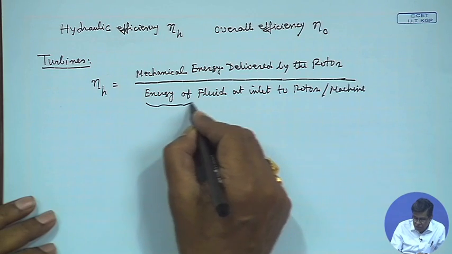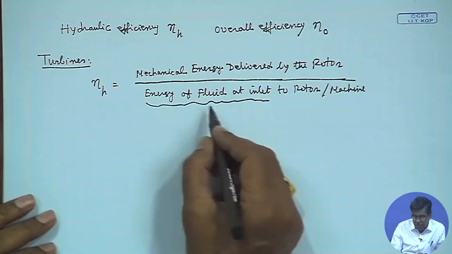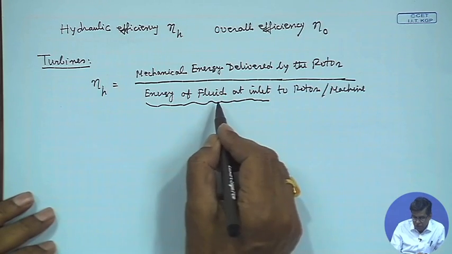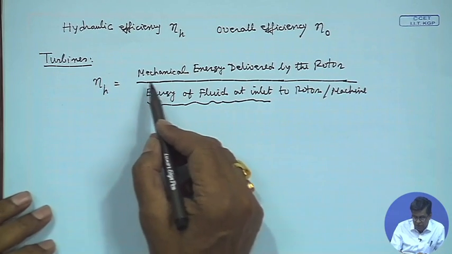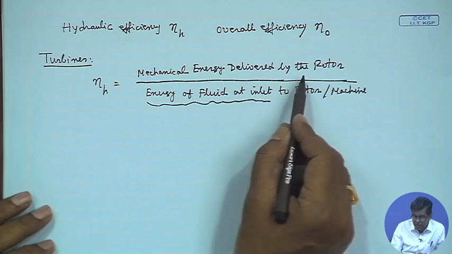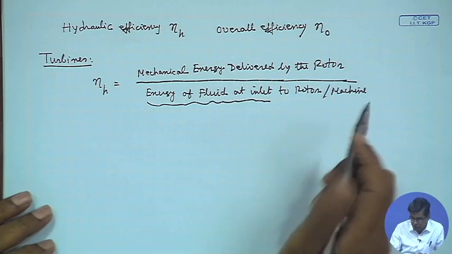This energy of fluid at inlet is the available energy, stored energy, from which the conversion takes place in the rotor, and the rotor delivers mechanical energy in the form of its rotation.